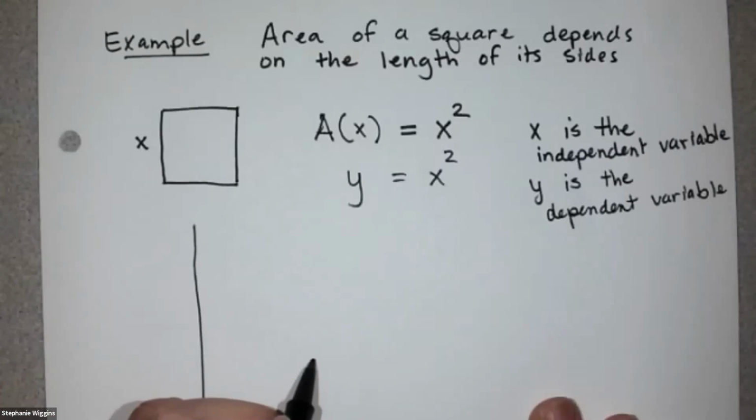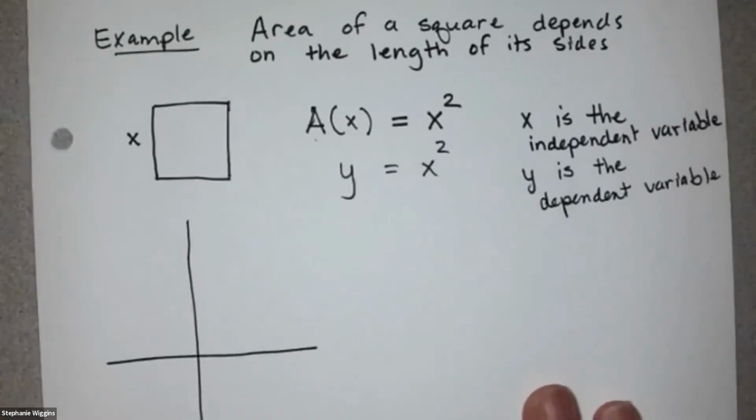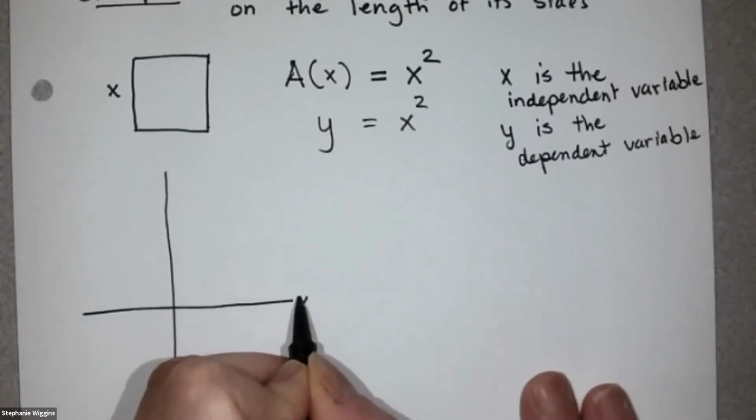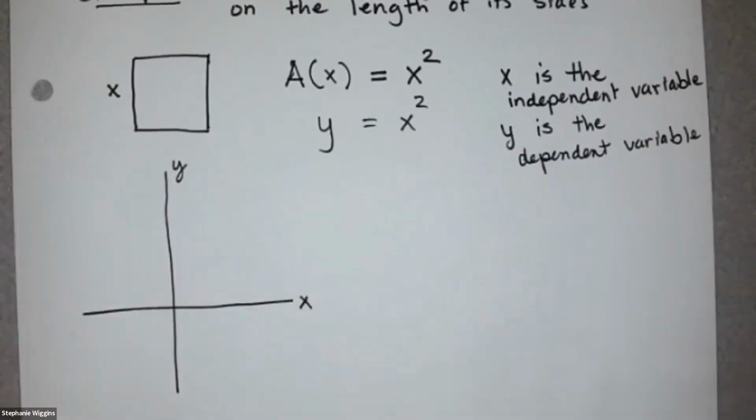normally, if I wasn't talking about area, I would just graph the entire parabola. But because we're talking about a square having x as the length of its side, we can't have x being negative, right? Squares don't have negative sides for their length, and they can't be 0 either, because if it's 0, then it's not a square anymore.